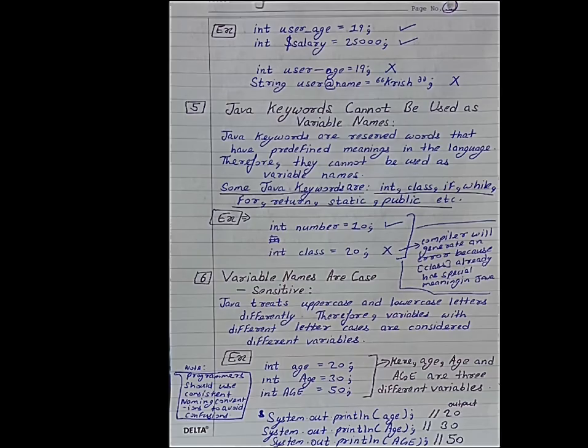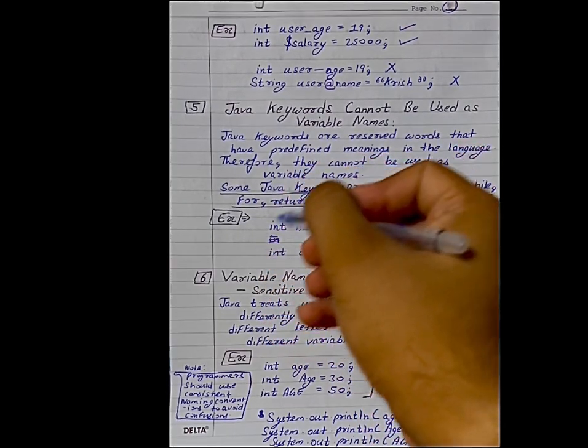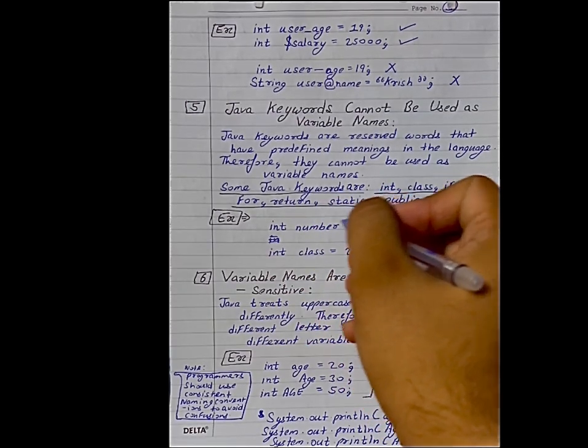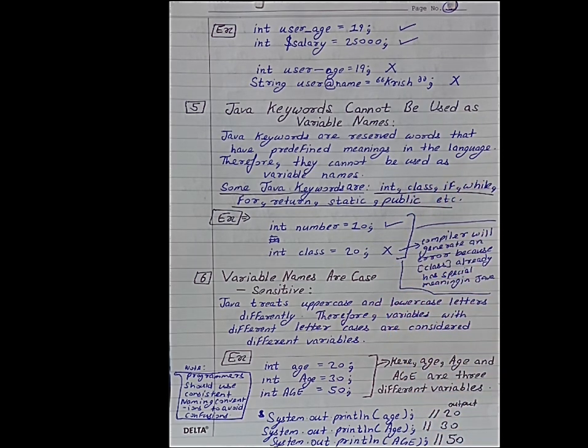The keywords we are talking about are int, class, if, while, for, return, static, public, etc. I think you know all those keywords now, so I don't need to explain them here. We can write int numbers equals 10, but we can't write int class equals 20 because the compiler will generate an error, because class already has a special meaning in Java.